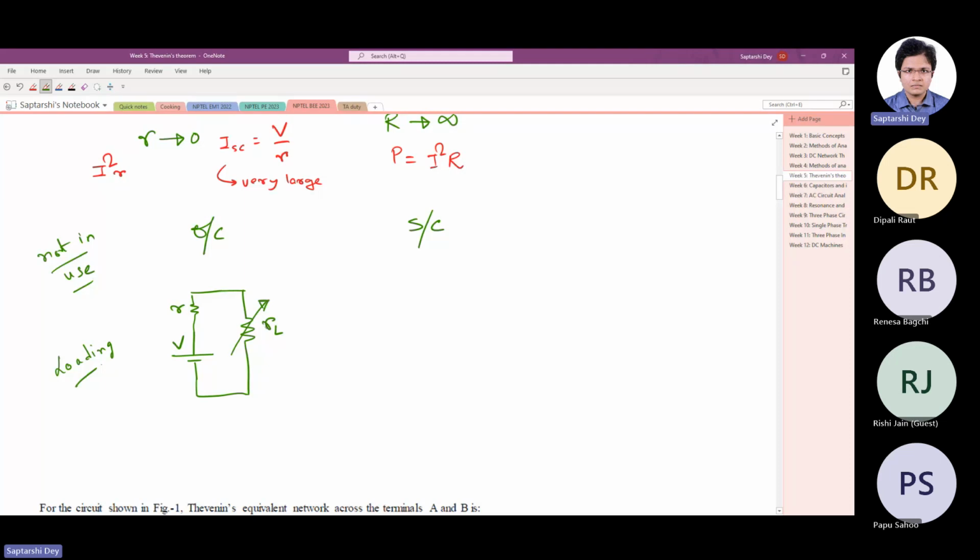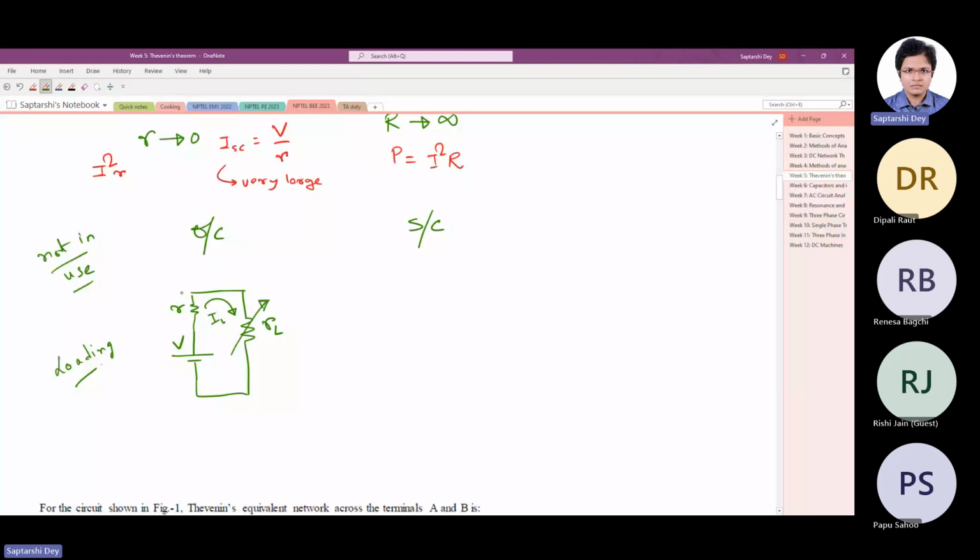I am reducing the value of resistance, meaning I am increasing the load because the load current is increasing. Always keep this in mind that in electrical engineering, whenever we say load is increasing, that means load current is increasing. So if the load current is increasing, then basically we have to reduce the R.